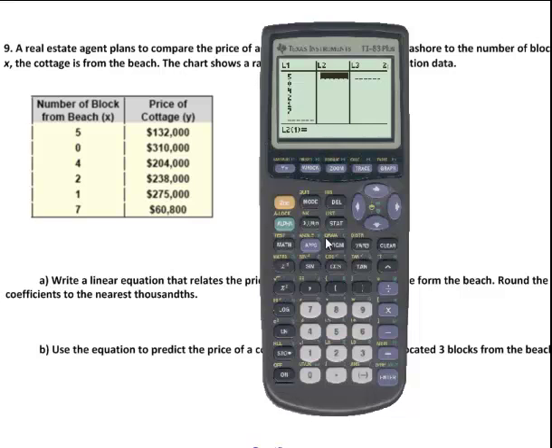This side is 132,000, 310,000, 204,000, 238,000, 275,000, and 60,800. All right, so now what do they want me to do with this?